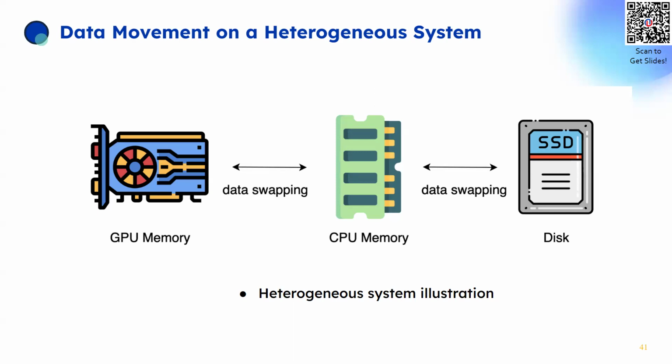NVMe memory is also much larger. So the question is, can we offload some data from GPU to CPU and then from CPU to NVMe? I think the idea is good, but the concern here is the data movement cost from GPU to CPU is very high. The data movement from CPU to disk is even higher.